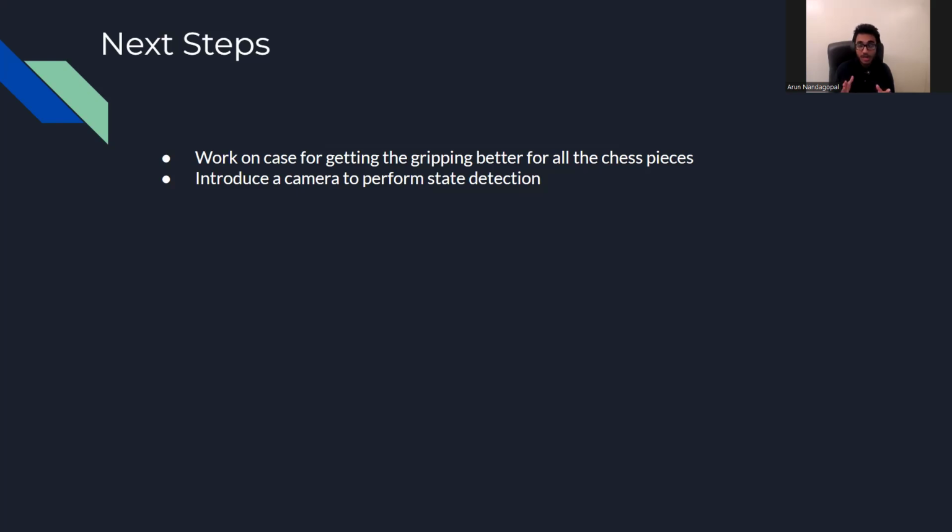And also, I'm planning to introduce cameras to perform state detection, wherein it has an understanding of where each piece is, and then I can use that to decide on the next move. So these are some things which I'll be working on.